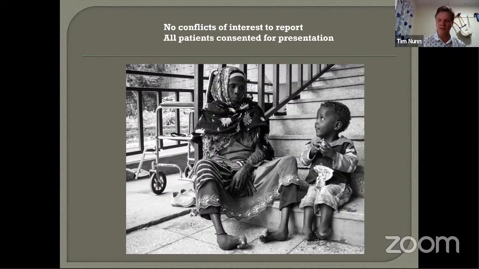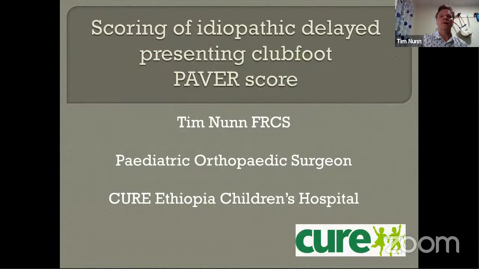We see a lot of clubfoot here, the vast majority of which is untreated, so-called neglected. My talk today is looking at scoring systems for delayed presenting clubfeet, particularly focusing on the PAVA score, which was developed here in Ethiopia.